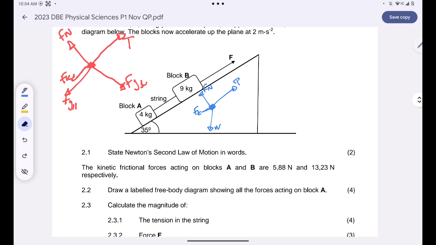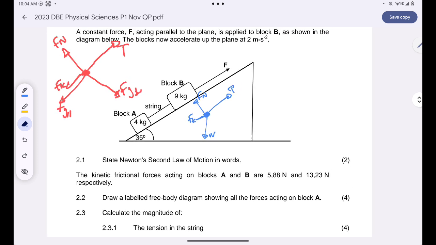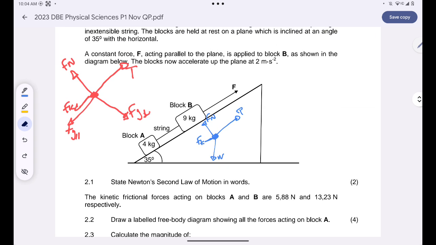Now we are being asked to calculate the magnitude of the tension in the string. The resultant force is equal to mass times acceleration, right? In this case, we have tension going up the incline, and then we have two opposing forces going down the incline.